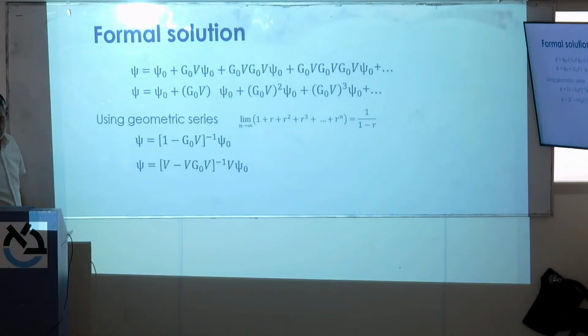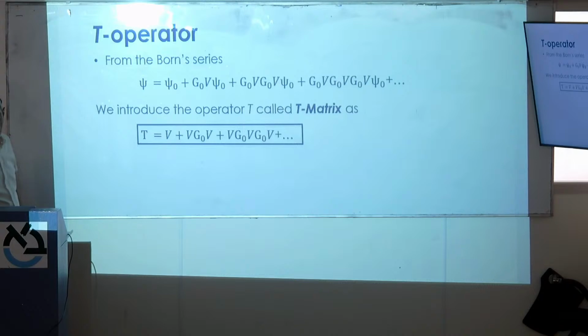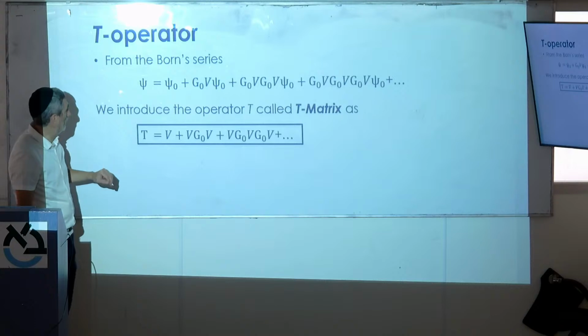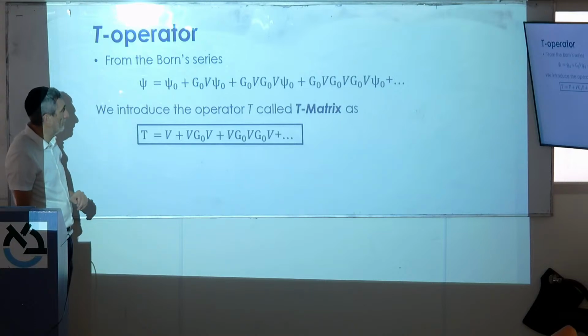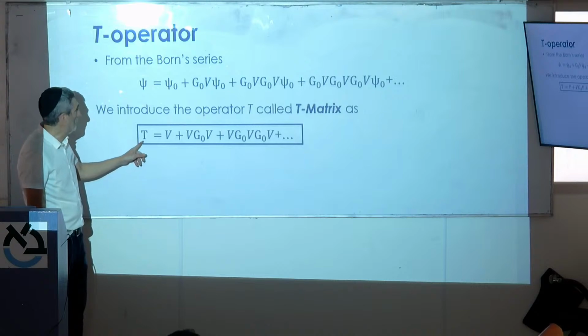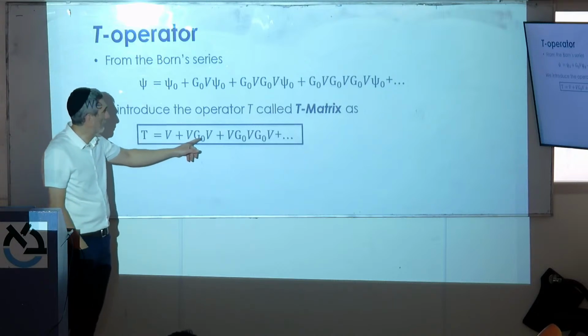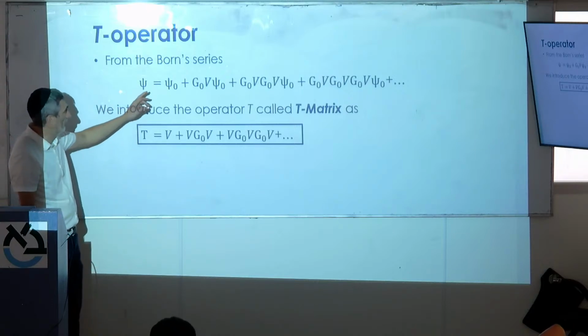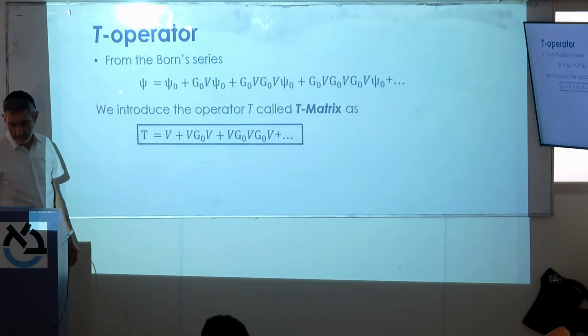Okay, so we can define what is called the T operator. From the Born series, we introduce the operator T, called the T matrix, as T equals V plus V G0 V plus V G0 V G0 V, and so on. Okay, so T is applied to psi.